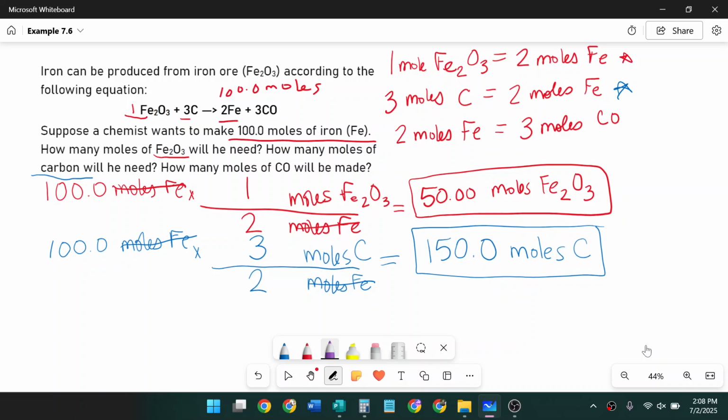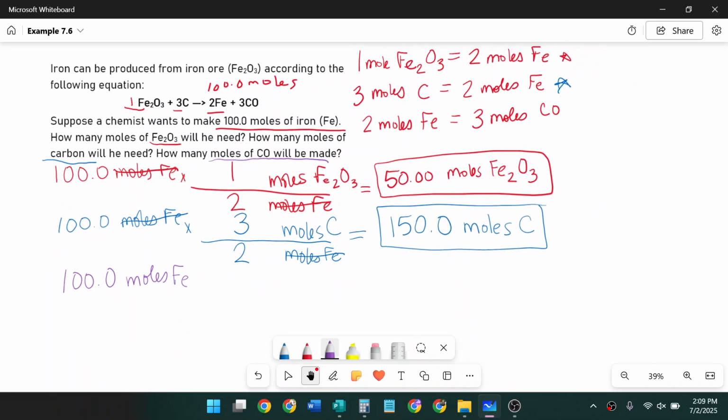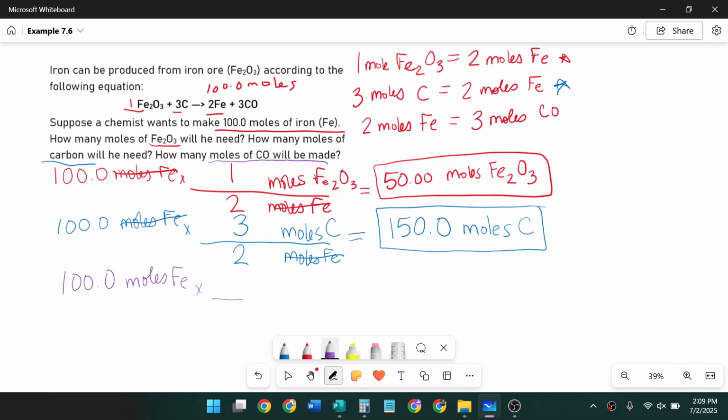And then the last one is we want to know how many moles of CO will be made. So again, we're starting with what we know, what we were given, and then we're going to use our conversion relationship to replace our moles of Fe with moles of CO. So that means we use this last conversion relationship.